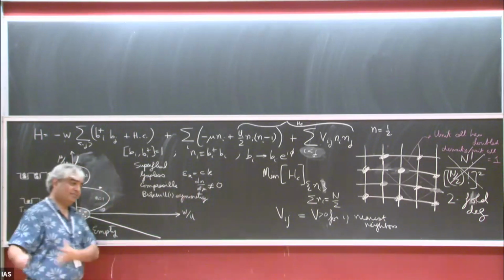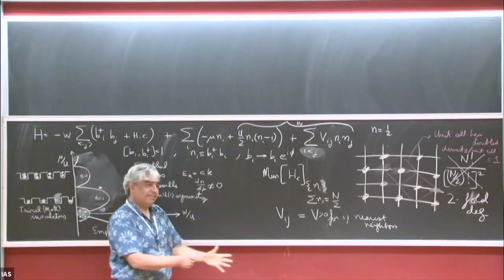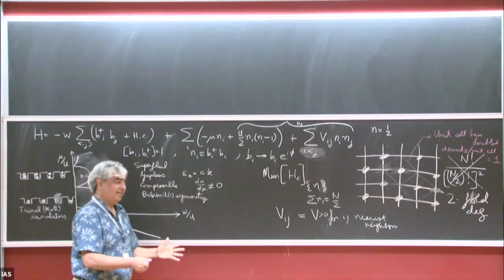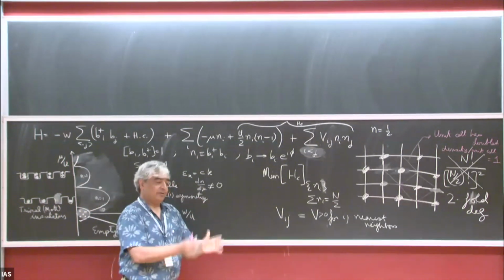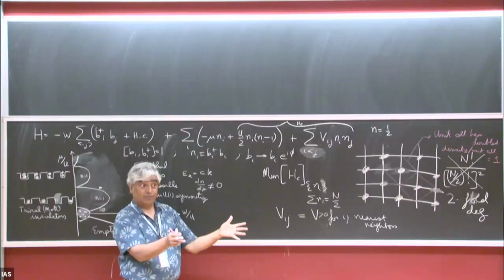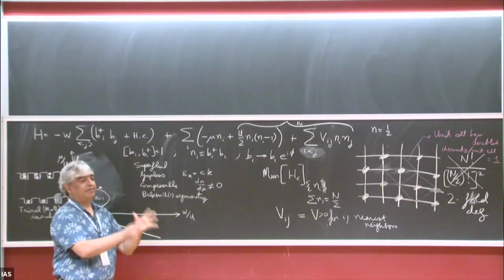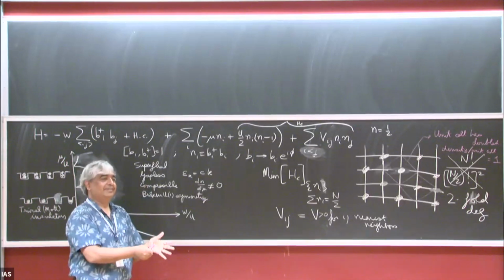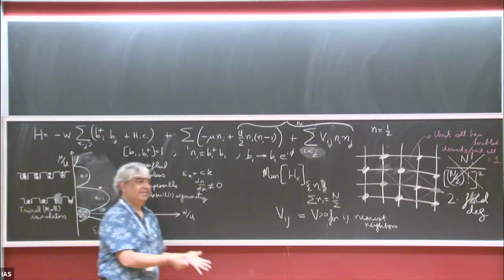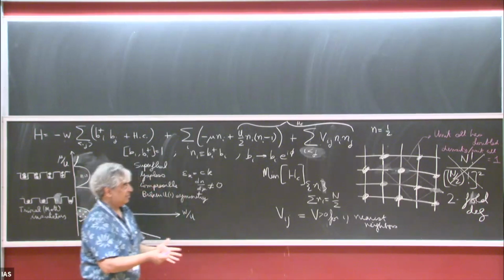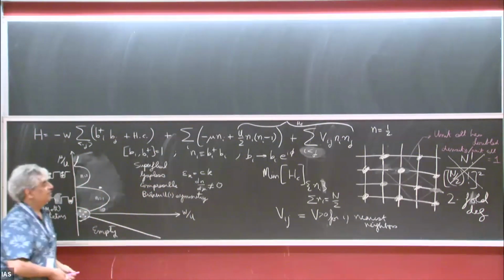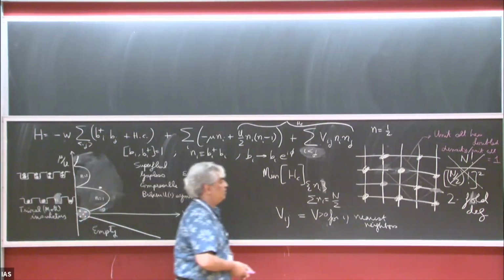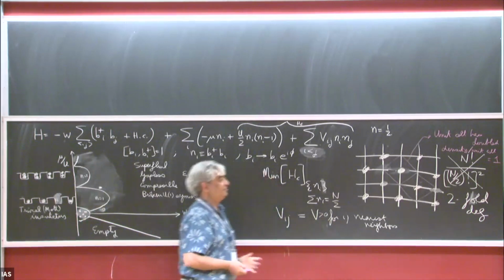It breaks a continuous translational symmetry to a discrete symmetry. And so it can have a unit cell of any size it wants. But the number of helium atoms per unit cell in solid helium-4 is an integer. So that's the fundamental characteristic of the solid, that there's an integer number of bosons per unit cell.